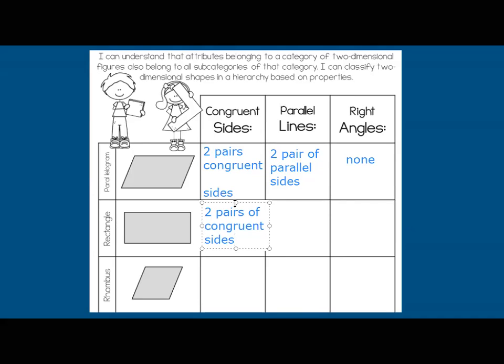All right, what about parallel lines? If we look at the rectangle, does the rectangle have parallel lines? Yes, the top and the bottom are parallel, and the left and the right are parallel. So again, just like the parallelogram, we have two pairs of parallel sides.